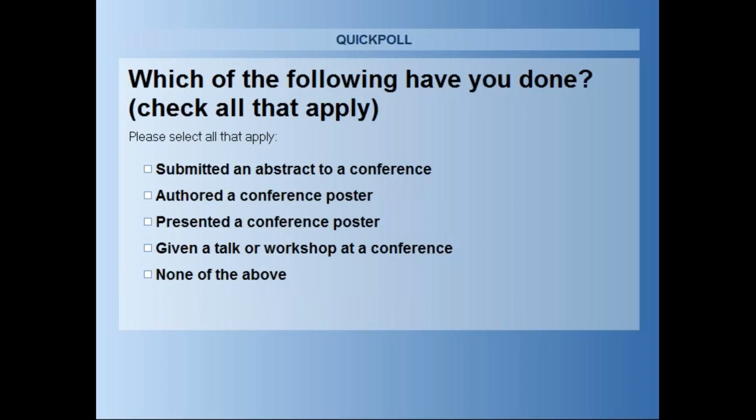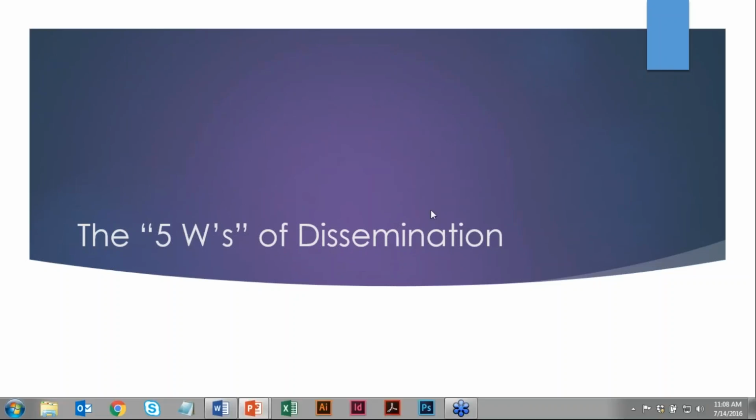Looks like a couple answers are still rolling in. But actually it's gone down. A little less than half of you have presented a conference poster. That's great. We'll definitely be giving you some tips about poster presentation. And we'll start first with the definition of dissemination.